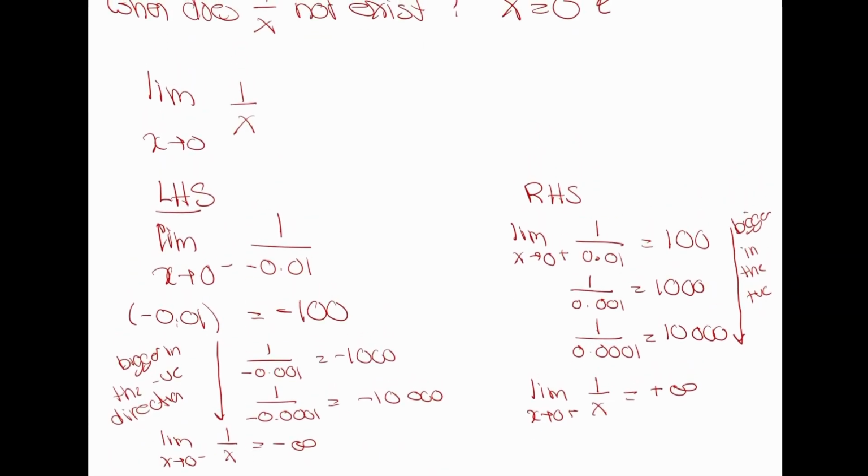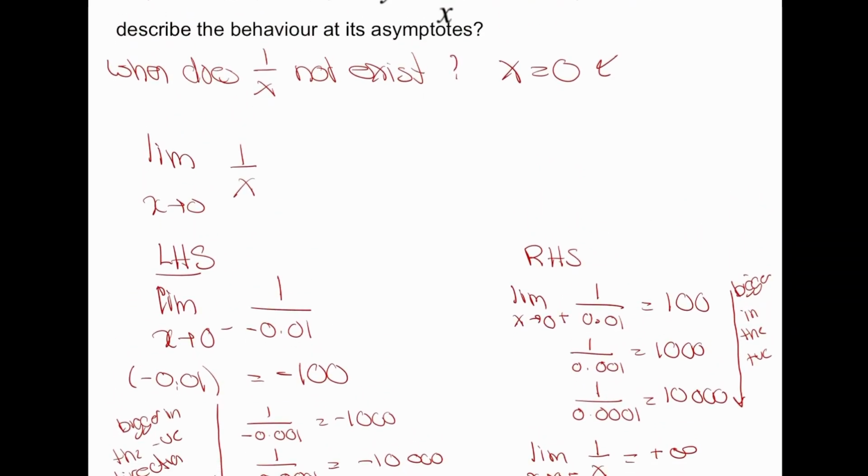So if we were to graph this, what would this look like? I know as I'm approaching 0 from the negative side, my values are approaching negative infinity. As I'm approaching 0 from the positive side, though, my values are approaching positive infinity.